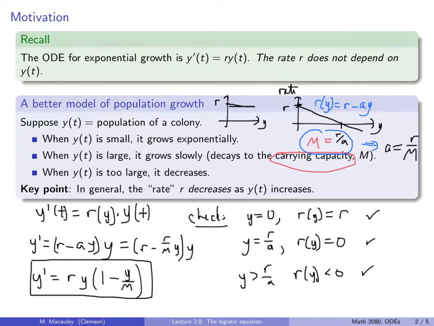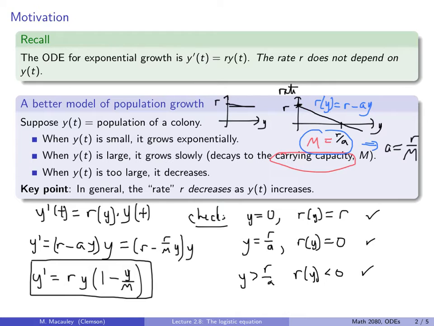Let's say a couple things about it. The steady state solutions: remember, the steady state solutions occur when y prime is 0, and that happens when y is 0 or when this guy is 0.